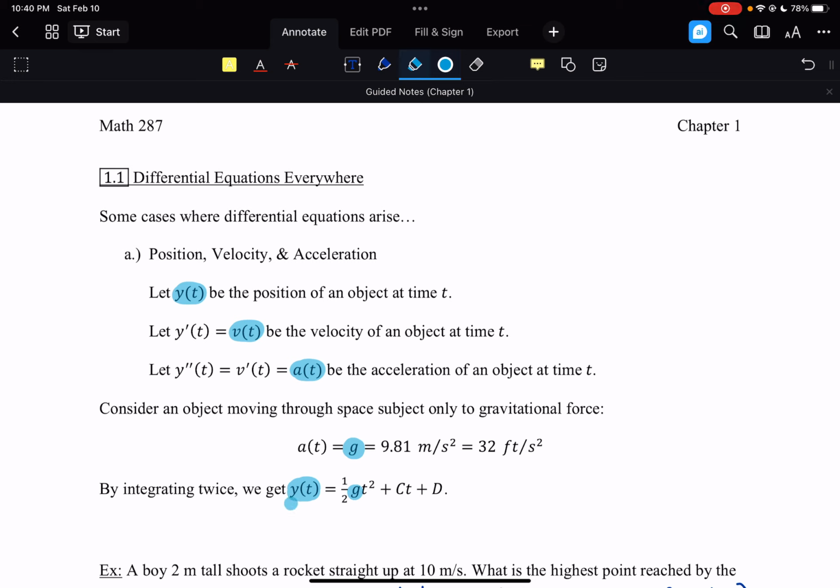So we have this general formula in terms of t: 1/2 gt squared plus ct plus d, where c and d are constants. We can use this to solve problems involving gravitational force, position, velocity, and acceleration. So let's look at an example of that.